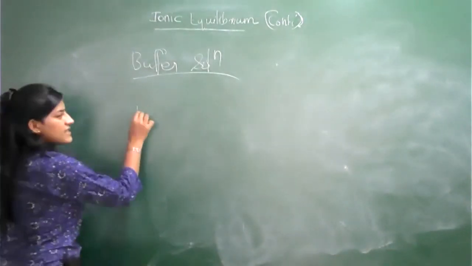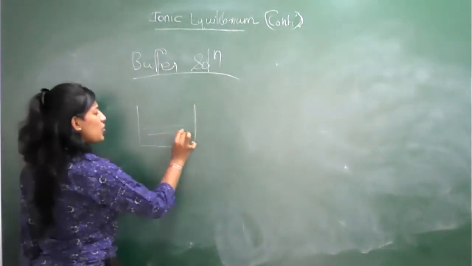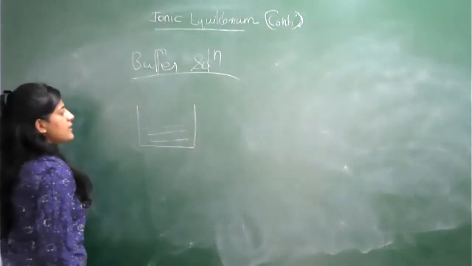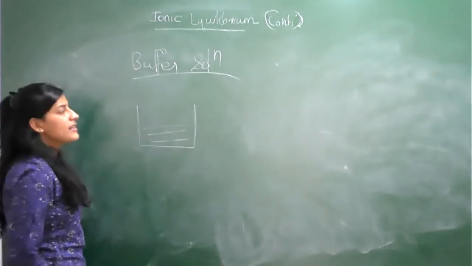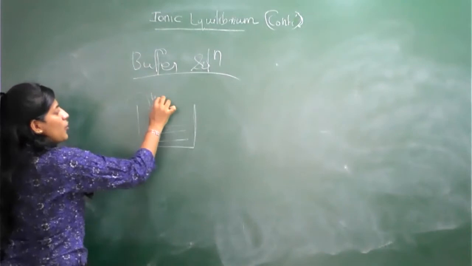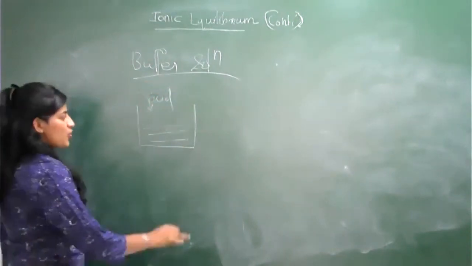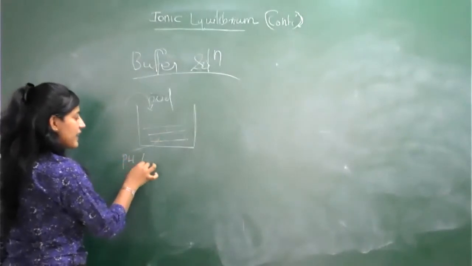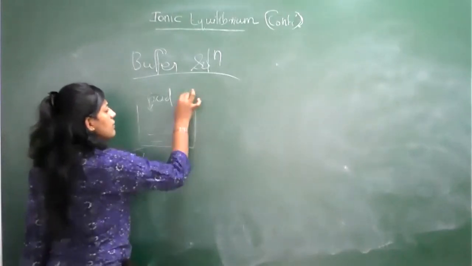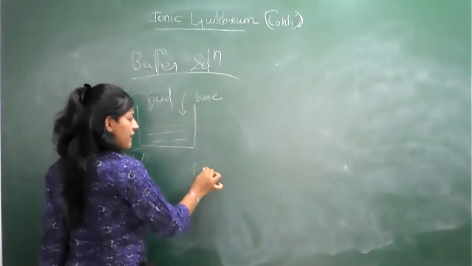Look now. Suppose in a beaker we have some solution, any kind of solution. Accidentally we added H plus ion, sorry, acid. So the pH becomes decreased, of course, because acid is added. Or suppose we add a base, the pH will change to increase.